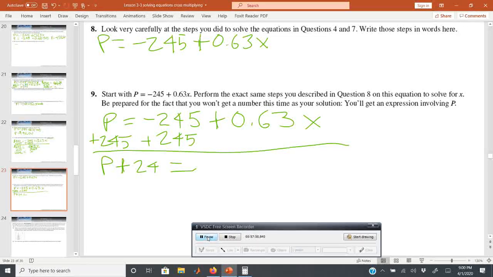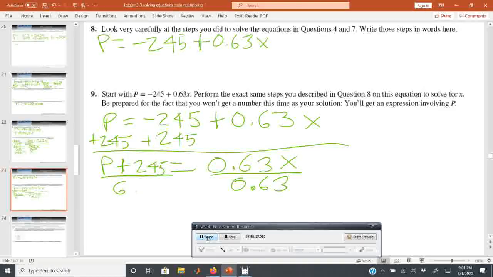We haven't plugged anything in for P yet, but I can do the same thing. I can't actually add P and 245, but I can say P plus 245 equals 0.63x.